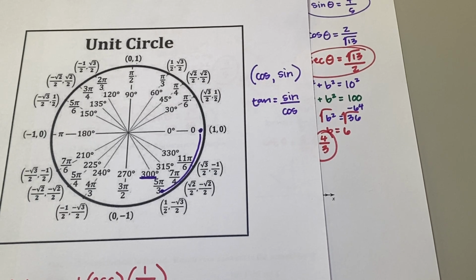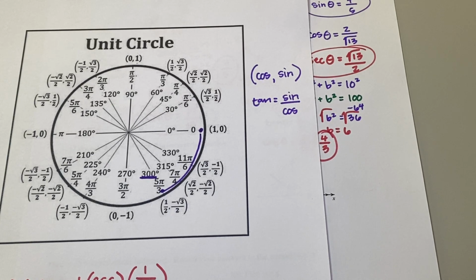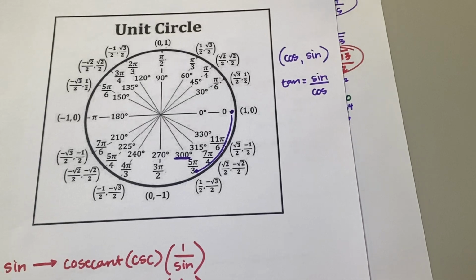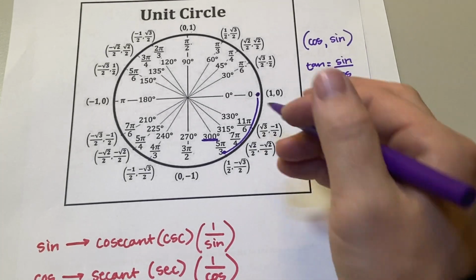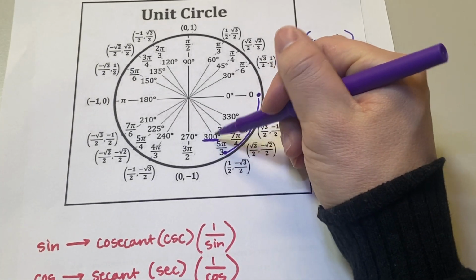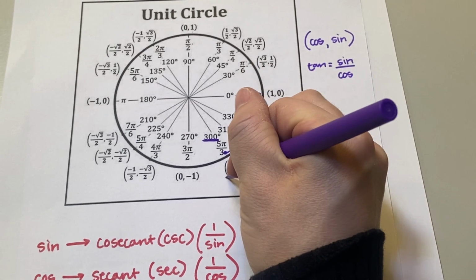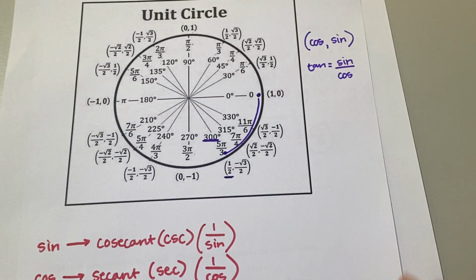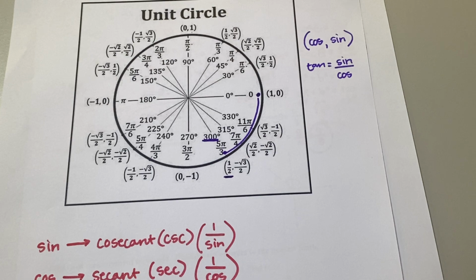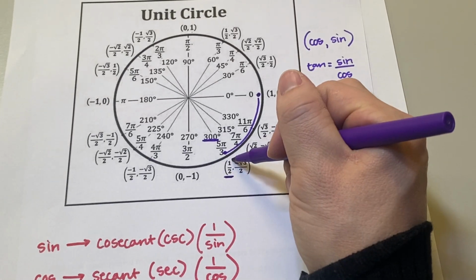It's a lot of information and it looks way more complicated than it actually is with all the pi's and all the square roots and everything. Here's what we really are looking at. I'm standing right here at 300 degrees. It wants the cosine, so I just want that very first coordinate point. What is the cosine of 300 degrees or -60?